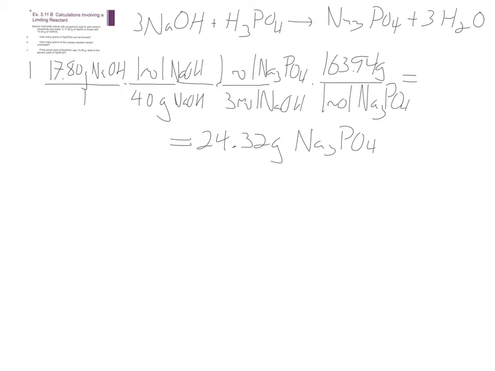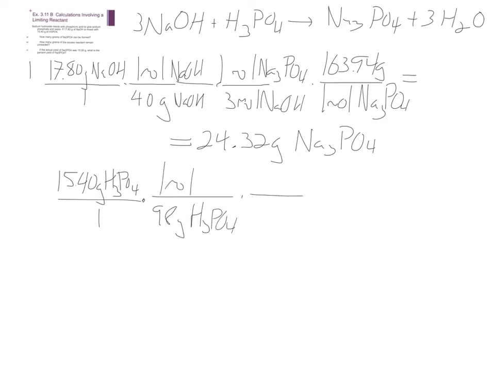Second thing we need is the phosphoric acid. We've got 15.4 grams of the phosphoric acid, H3PO4. Every 98 grams per mole, every 1 mole of H3PO4, this is a 1-to-1 ratio now, is going to give me 1 mole of sodium phosphate.